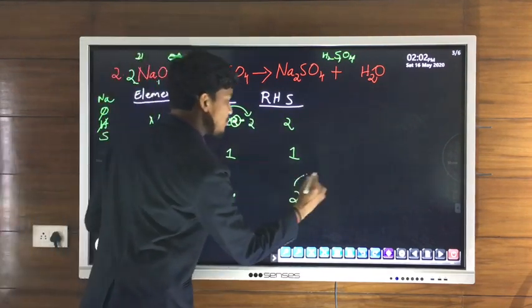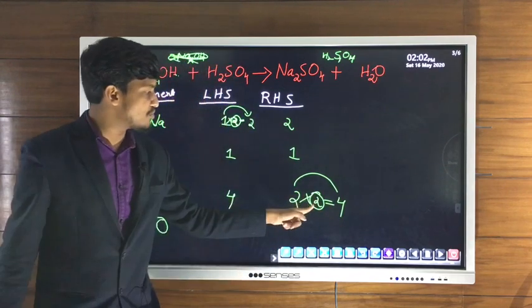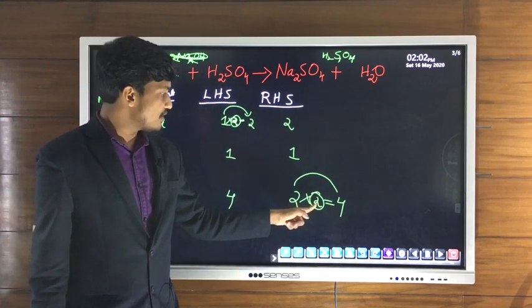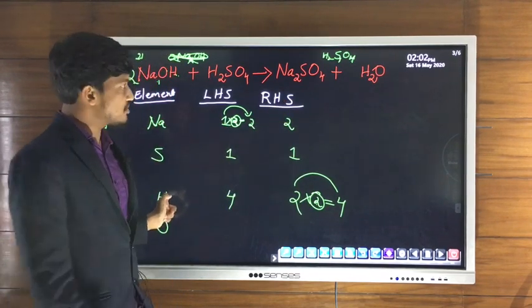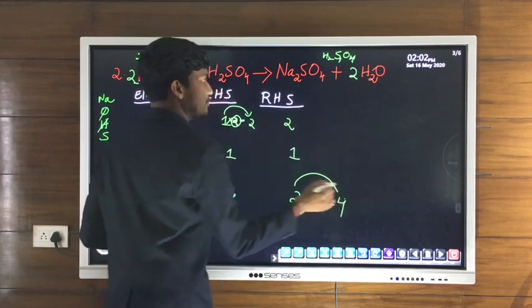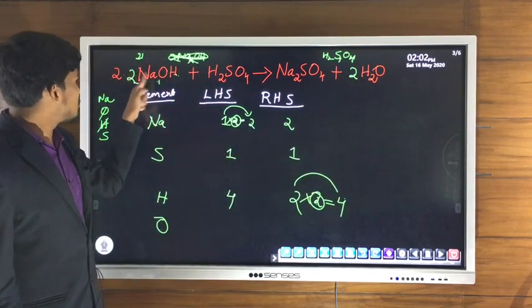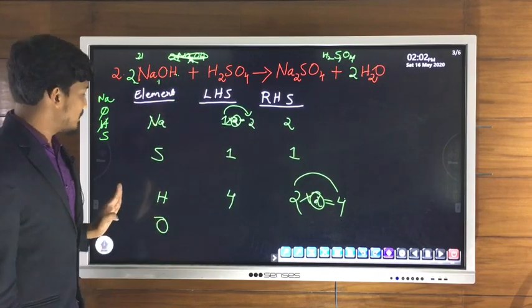We can change 2 into 4. For that we have to multiply by 2, which means we write coefficient 2 on the RHS for hydrogen. 2 into 2, 4, and on the left side 2 plus 2, 4. So equal number of hydrogen atoms, 4.